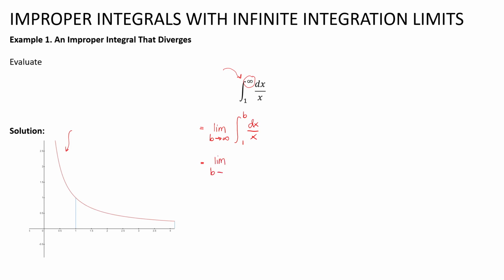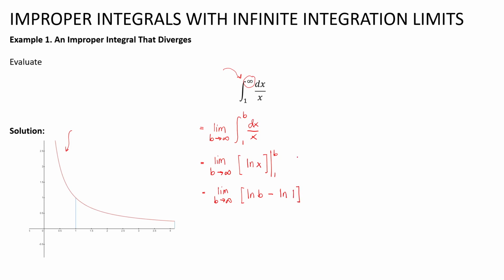This is going to be ln of x from 1 to b. Applying the limits, you're going to have ln of b minus ln of 1.